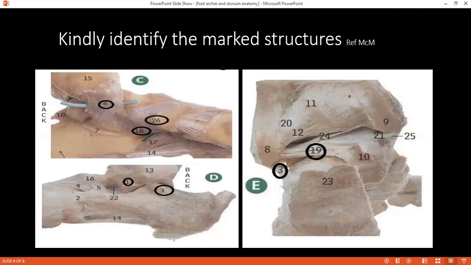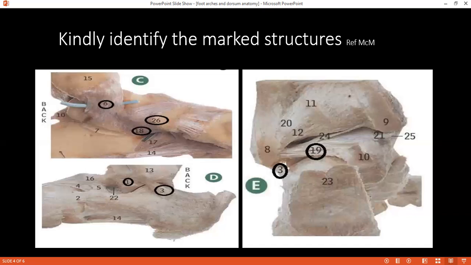What type of joint is the ankle joint? This is a hinge joint, a hinge type of synovial joint. Okay. Can you please explain why the ankle joint is most stable in dorsiflexion?